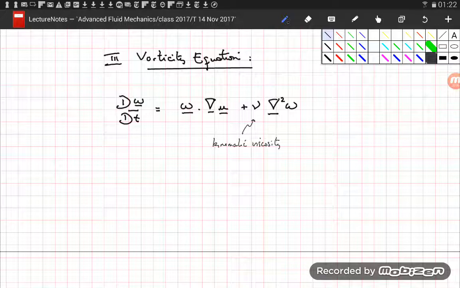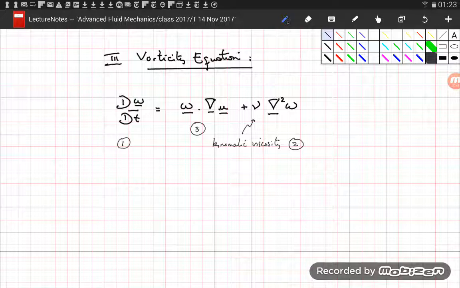Now, you have three terms. Let me call them 1, 2, and 3. This middle term does represent a creation term. If this term is non-zero, it will create vorticity. That corresponds to vortex tilting, the rotation of a vortex, and vortex stretching, and those two things are important in turbulence.